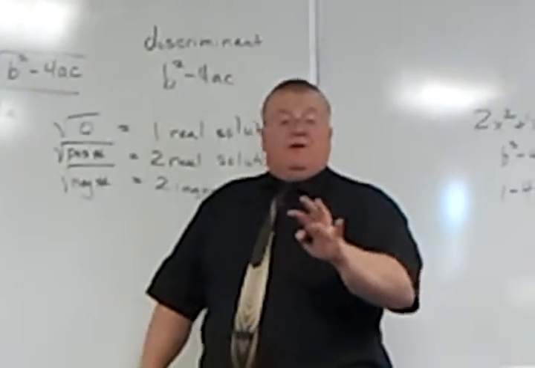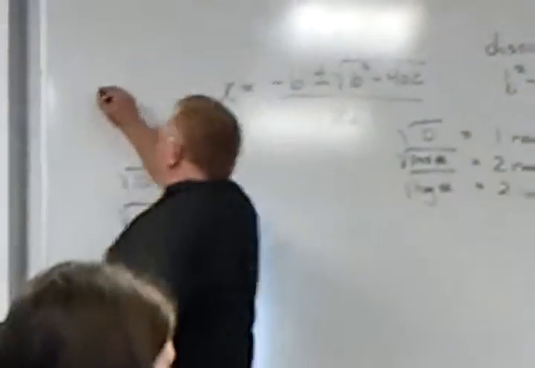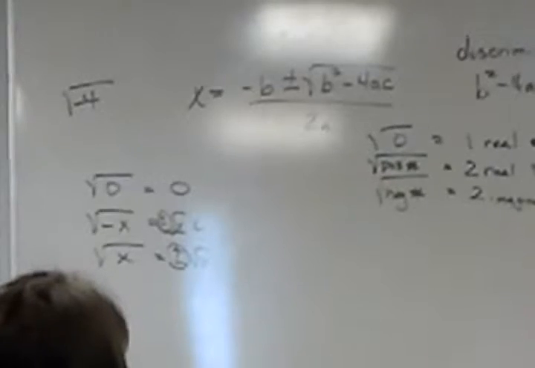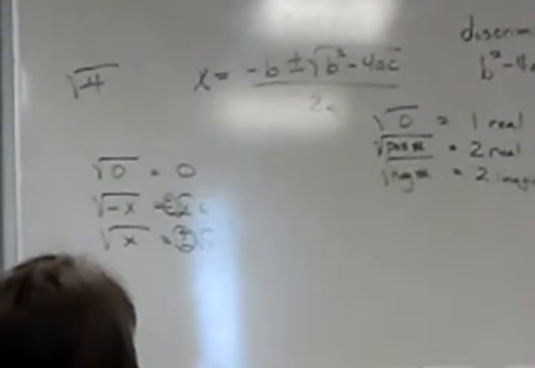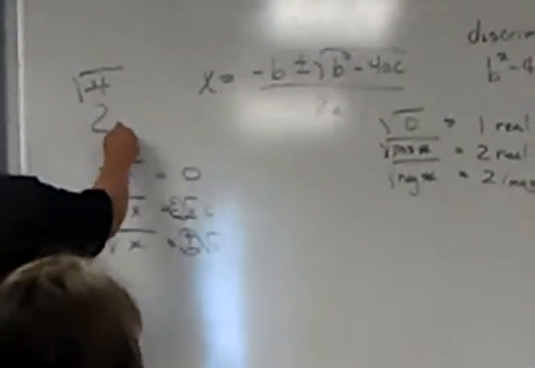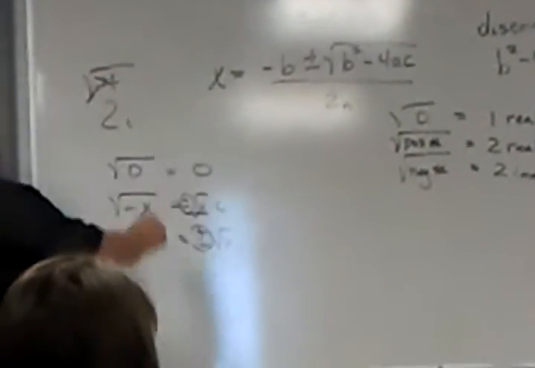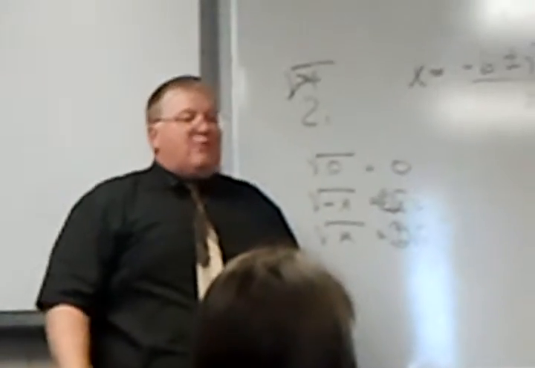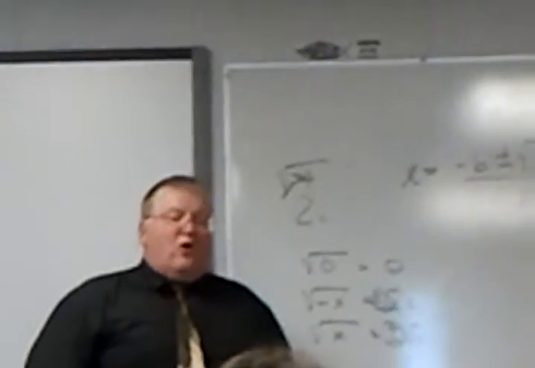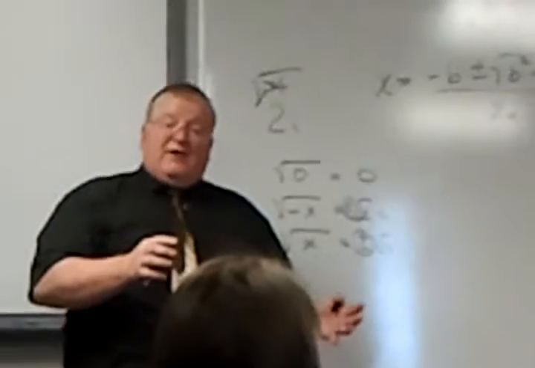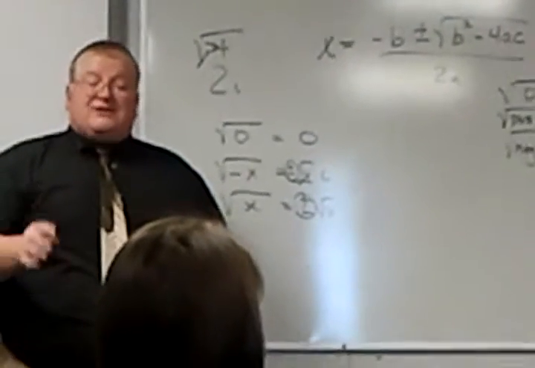But let's back up. Why is it called i? What is the square root of negative 4? 2i. Well, it's imaginary. Why? Because you can't take the square root of a negative number. It's not legal. So a mathematician by the name of Euler established this.